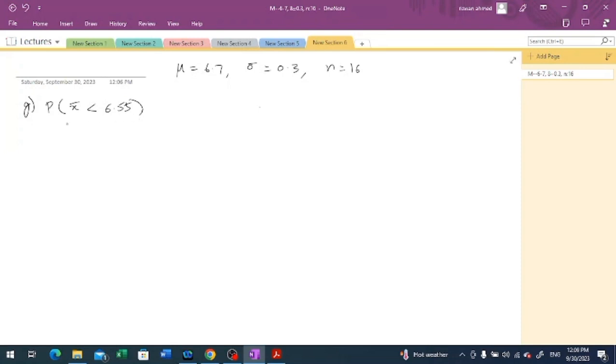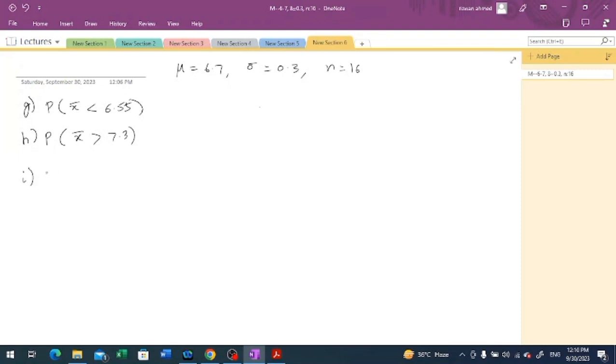Now we are asked for the probability of x bar to be less than 6.55 in part G. Then in part H, we will carry on with the same value. Over there it was 7.3 for x. Now it is 7.3 for x bar.